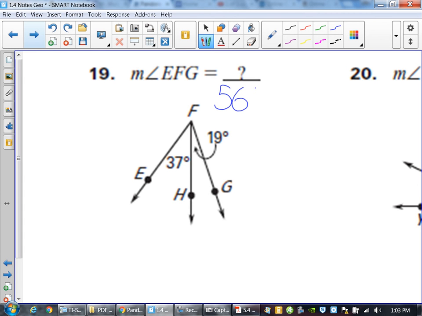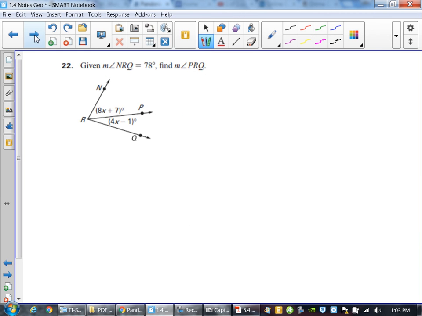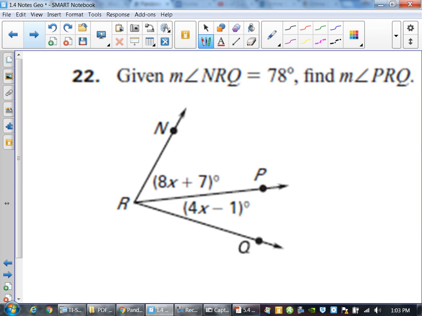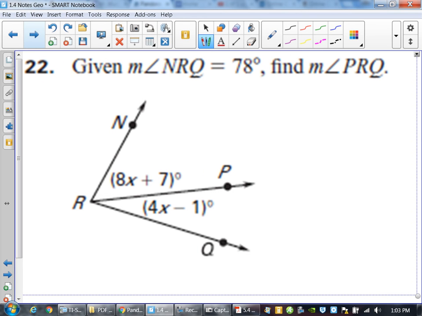Okay. Let's show you another one. Sometimes they'll throw the geometry at you. Not only are you working with just numbers, angle addition and whatnot, sometimes you have a little bit of algebra to worry about.